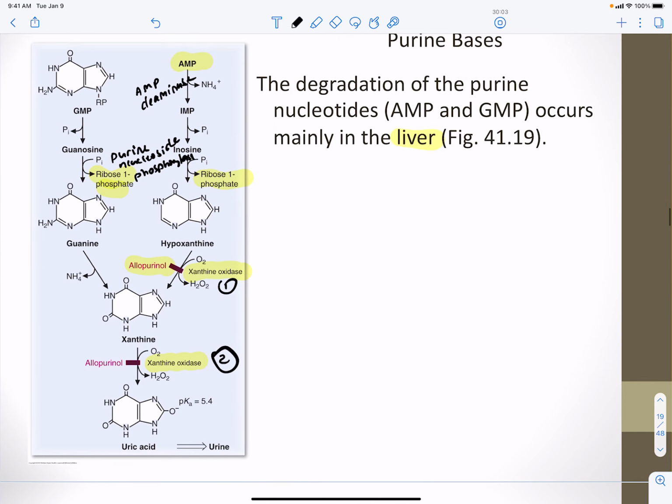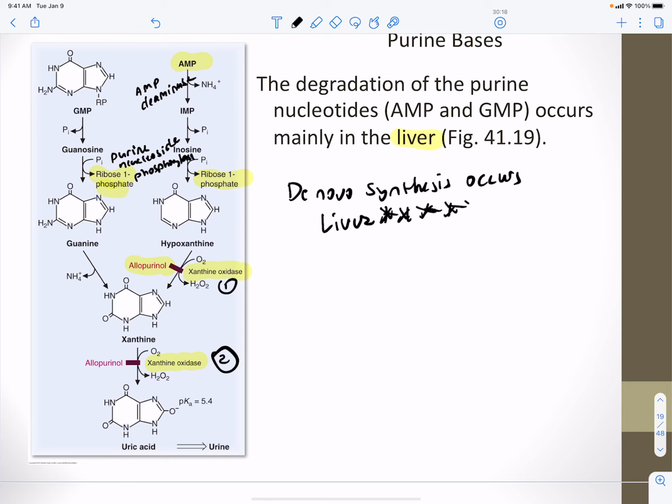So I have more space here, so let me do that here. So de novo, and this is all what we've been talking about, occurs in the liver primarily. Also in the brain and in your immune cells.